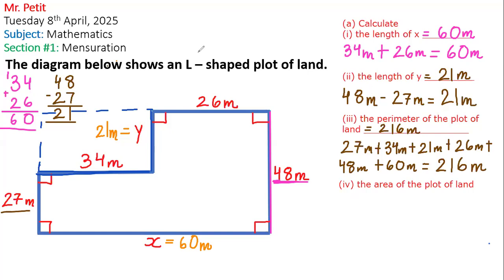So let me explain her method, because her method is a sensible method. What she's saying is that if we look at it, this shape actually has two rectangles. We have a big rectangle, let me put this in red.